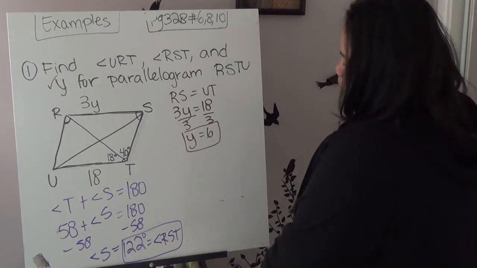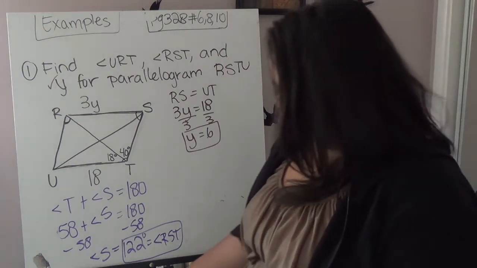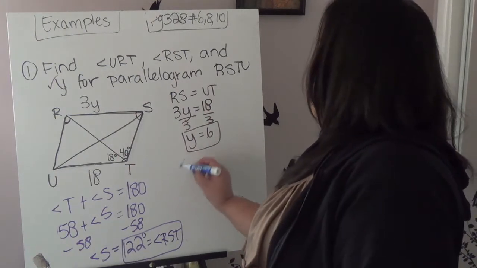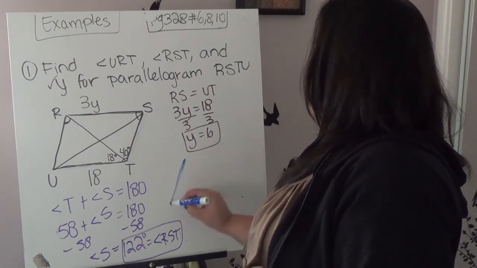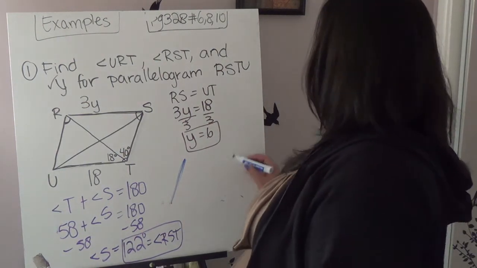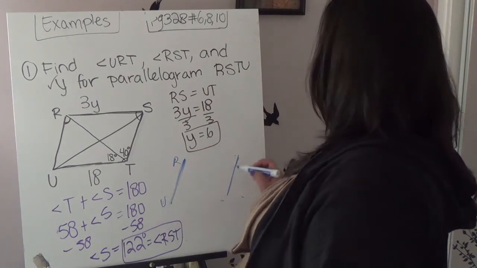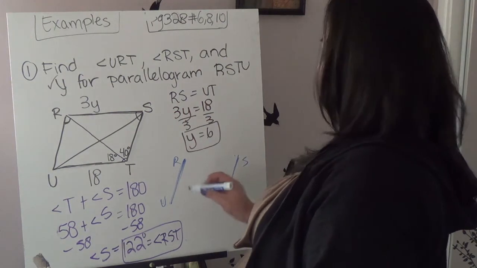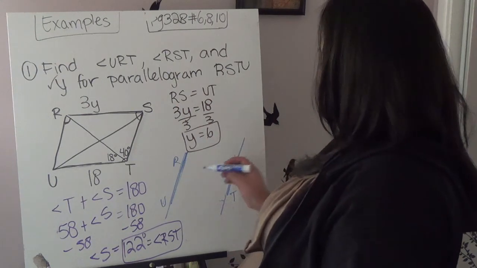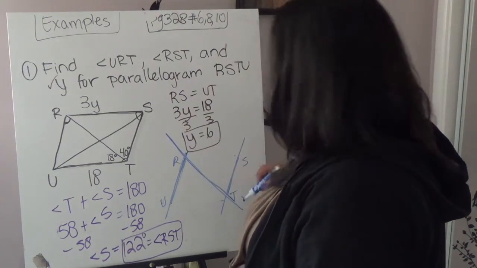Now my last one uses, again, that chapter I was talking about, parallel lines and transversals. Well, we're dealing with these angles right here, and I have these parallel lines, and this is R, U, and ST. So I'm just going to draw what I need. So here are the sides, and I'm going to extend the sides, and I'm going to take this and make this into a transversal.